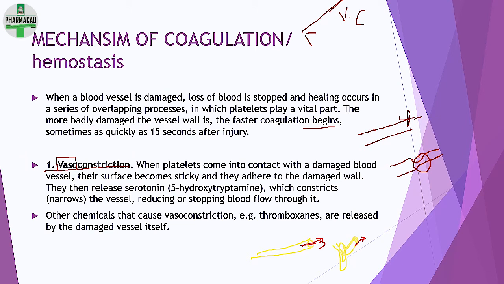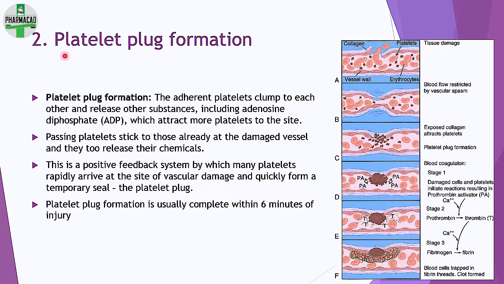Now we go on to the next one, which is platelet plug formation. You can see here the vasoconstriction, the spasm. Now in platelet plug formation, what will happen is that platelets will come and collect at the place where the injury happened. You can see here the adherent platelets, they stick, first of all they stick to the vessel wall and they clump to each other.